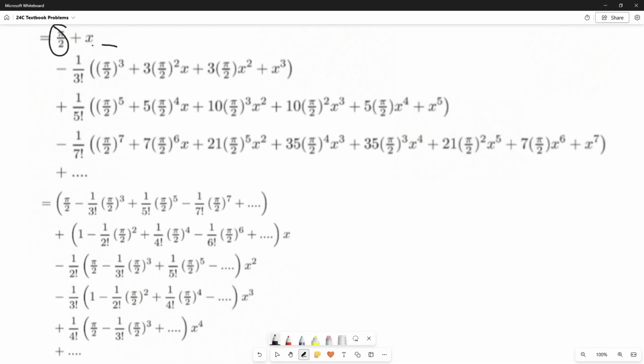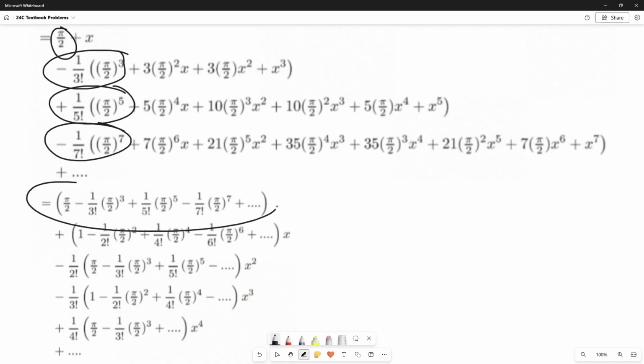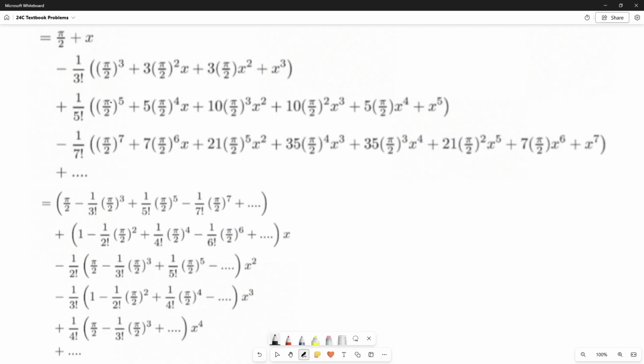So first, you take this term, pi over 2, this term, and this term, and then all the infinite beyond, and then you get all of these. And these are all the terms where x is raised to the power of 0 because there's no x's. And then you take the terms where x is raised to the first power, so this one, this one, this one, and this one.